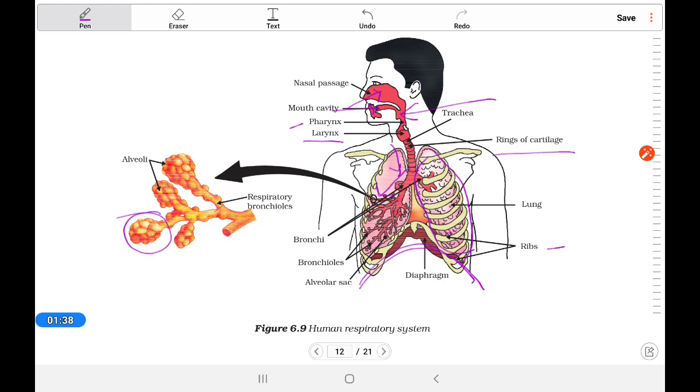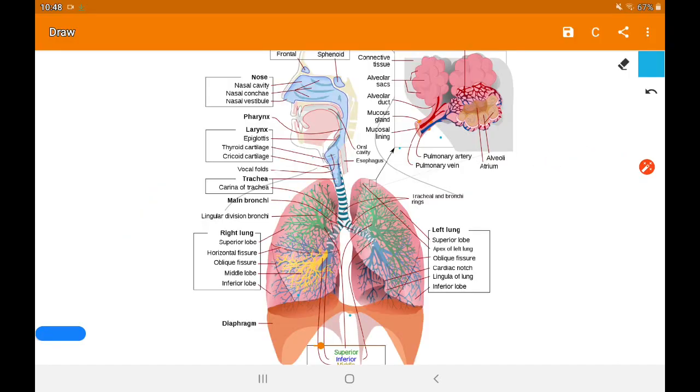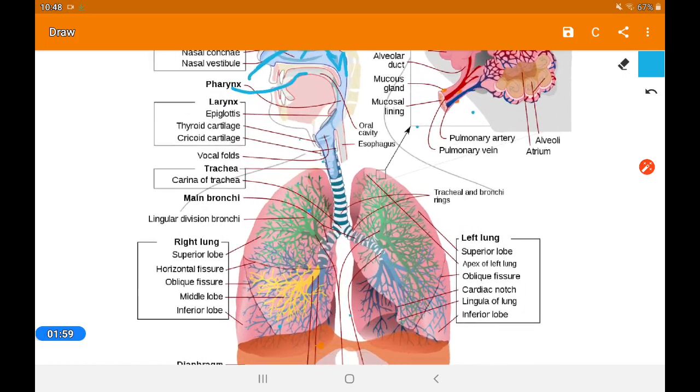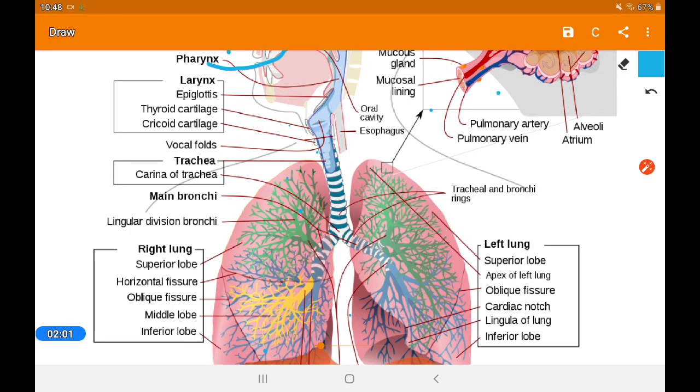All right, here in this diagram, let's see a little more elaborate view of it. Look at this diagram. Here is the nostril, where air enters inside, and at the same time the mouth entry also is there, and this is the very common place, the common area, where there is the esophagus, one route, and another route, that is the trachea.